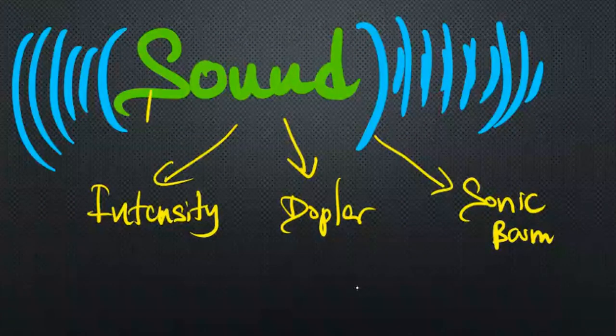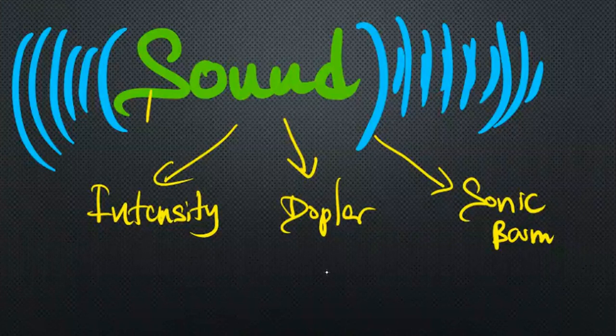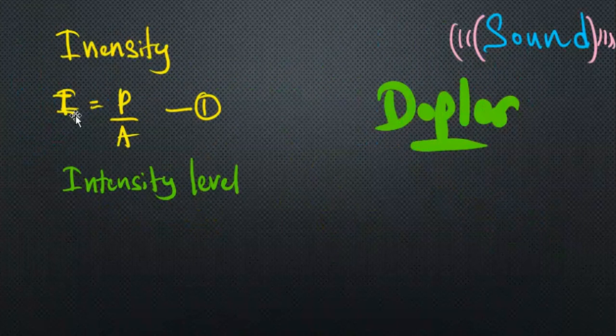In sound, we have three types of questions: intensity, Doppler effect, and sonic booms. Moving to intensity, the initial equation is intensity equals power divided by area. There's a modification for this equation as well.